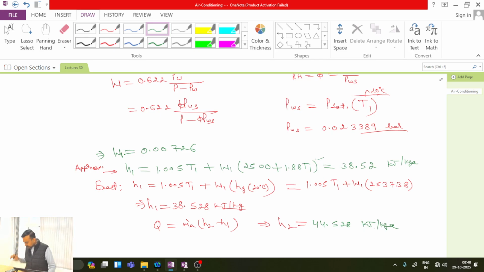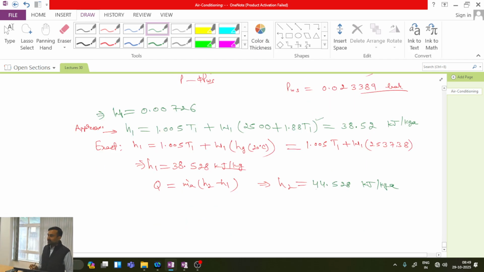Okay, then what have I got now? Enthalpy. From enthalpy, how can I calculate temperature? See, this is enthalpy. I do not have any addition or removal of moisture, so W1 will be equal to W2.